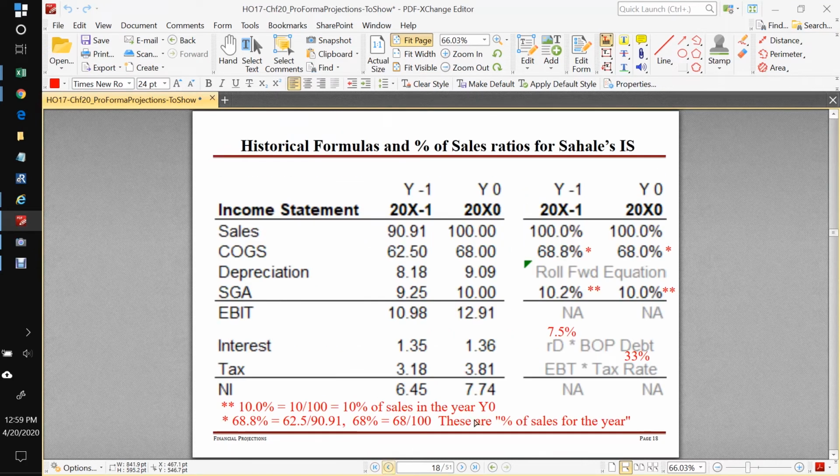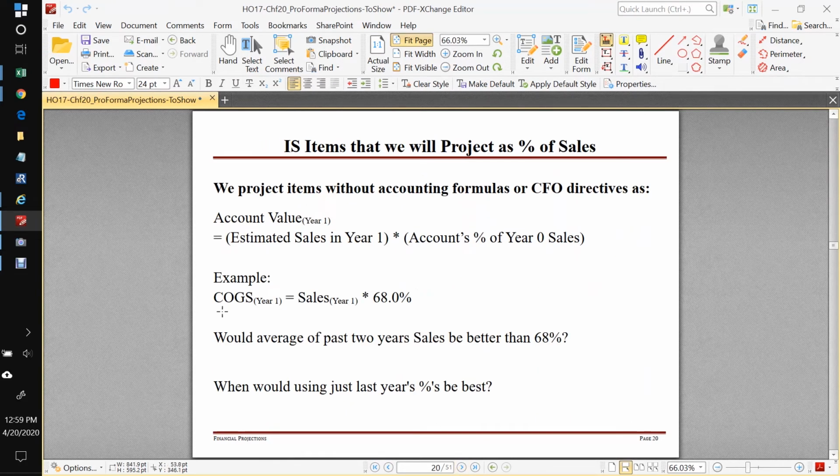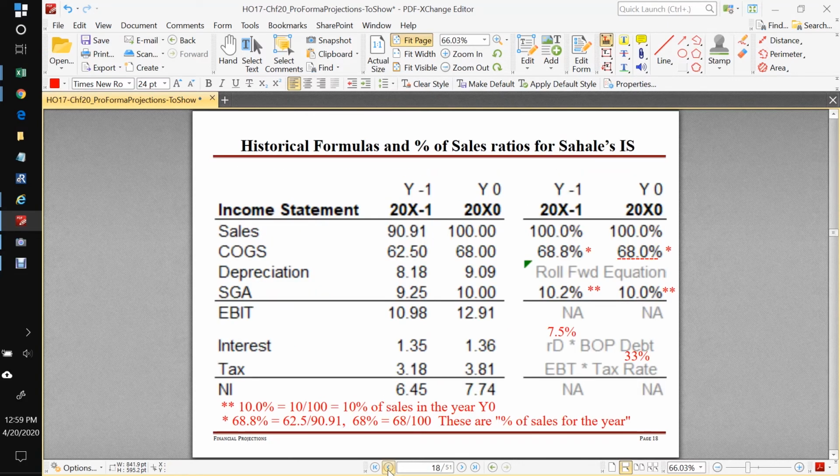So here is, for example, our COGS percent of year zero sales. That's 68%. So if we're projecting into year one, the COGS in year one is going to be whatever the sales in year one is times that 68%. Again, that 68% comes from the year zero percent of sales.